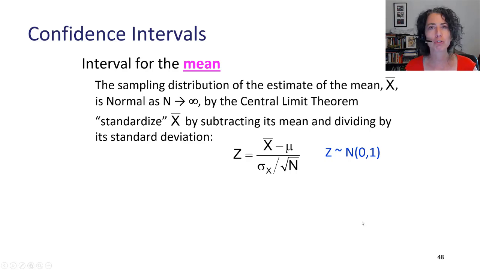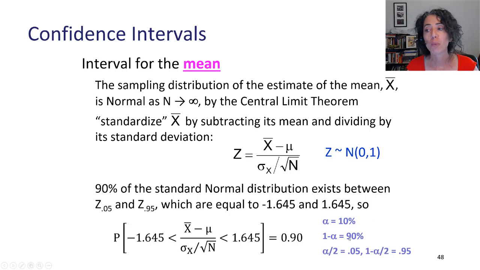So the sampling distribution of x bar, we said, was unbiased, and so its mean is equal to the population mean. And we saw that its standard deviation, or standard error, was equal to the population standard deviation divided by the square root of n, where n was the sample size from which we're estimating the population mean. Okay, so this is now a statistic that is standard normally distributed.